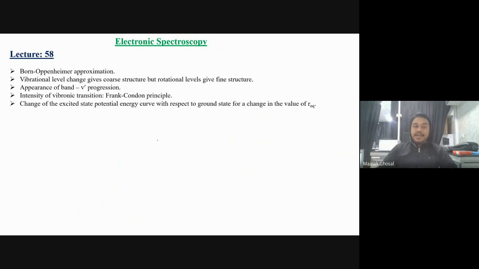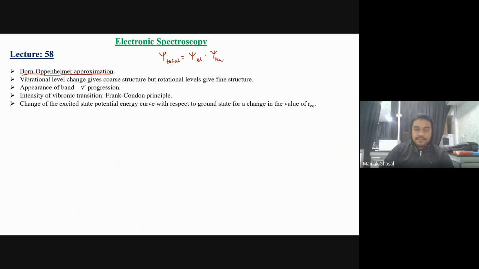Okay, so lecture 58 tells what is known as the Born-Oppenheimer approximation. I told you about it at the very beginning of this course. What is the Born-Oppenheimer approximation? It says that the total wave function can be taken as an electronic wave function and a nuclear wave function, separately.